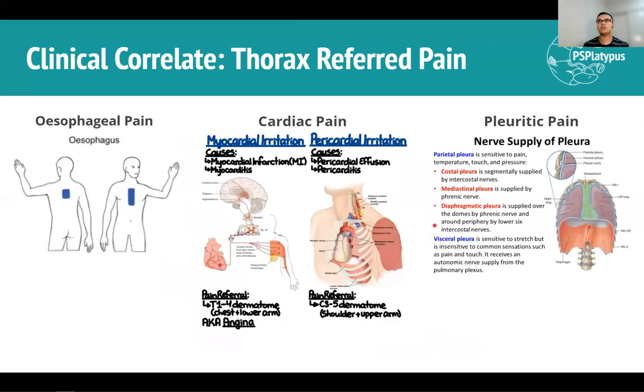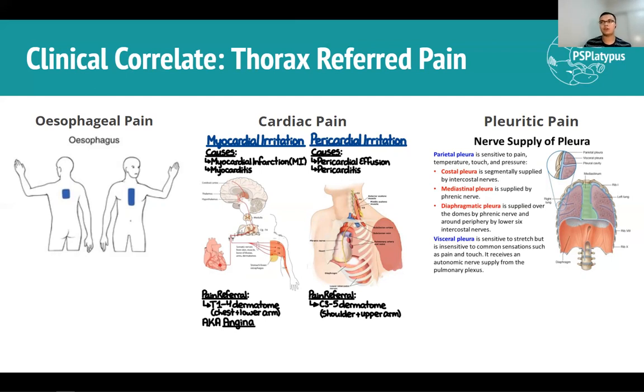All right, so we're going to have a look at a number of organs and how they refer their pain. So the esophagus, again, it's a central structure. If there's pain in there, maybe from reflux or from some sort of impingement by neighboring structures, that pain will be referred centrally because it's an unpaired viscera. Whereas with cardiac pain, again, we've covered this in the past, but with myocardial irritations, that's where your muscles of the heart are being irritated.